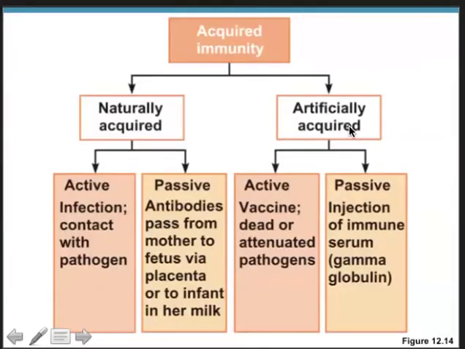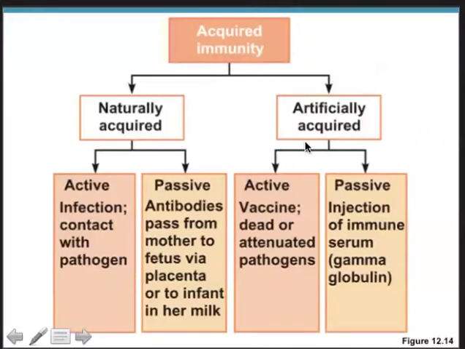And so here you can see a chart that sort of shows you how acquired immunity can be picked up. We can get it either naturally or artificially. If we're getting it artificially, we are getting basically the introduction of a component of immune resistance through a needle, or perhaps orally in some cases, but generally it's an injectable.